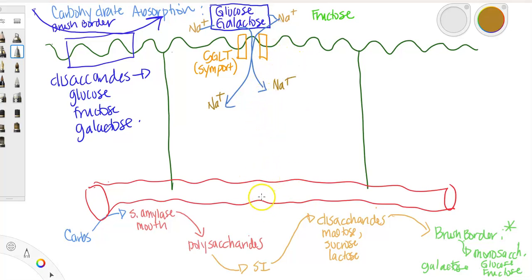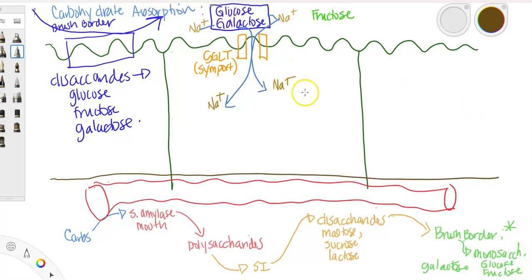And on the other side of the membrane, here's the other side of the cell, and here's the blood that's right next to it. Basically along here, there's going to be a sodium potassium pump.